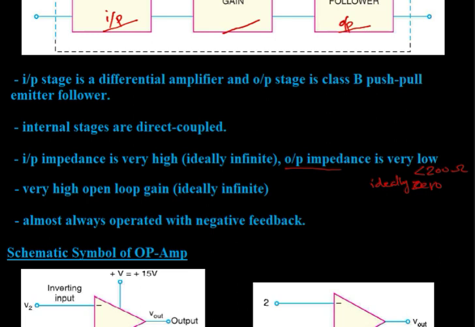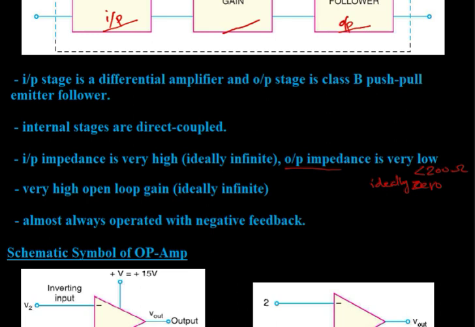So we can say that for an ideal op-amp, the input impedance is infinite and the output impedance is zero. For practical cases, the input impedance is very high, so that it does not draw any current from the voltage source, and the output impedance is very low, less than 200 ohms.